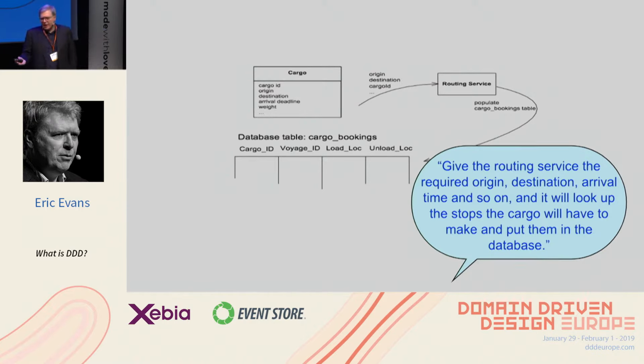I would explain how you give the routing service an origin, destination, and a few other things, and then it will come up with the stops that the cargo will have to make and put them in the database. And at this level, communication is pretty good. A shipping expert would understand that, would understand these kind of components of a software system and how they interact.